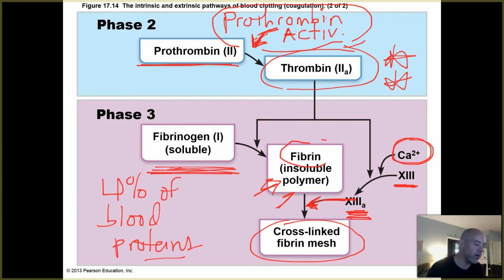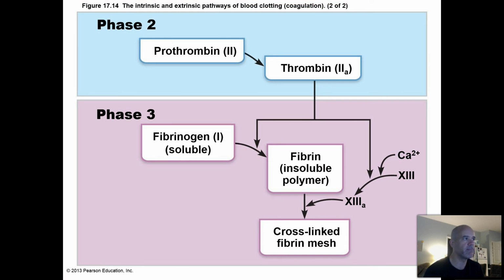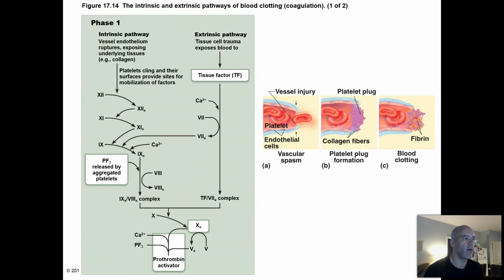I do want you, though, to know phase 2 and phase 3. I do want you to know that story. And I also want you to know what's going on over here. That the intrinsic pathways and extrinsic pathways, know what sets these off.